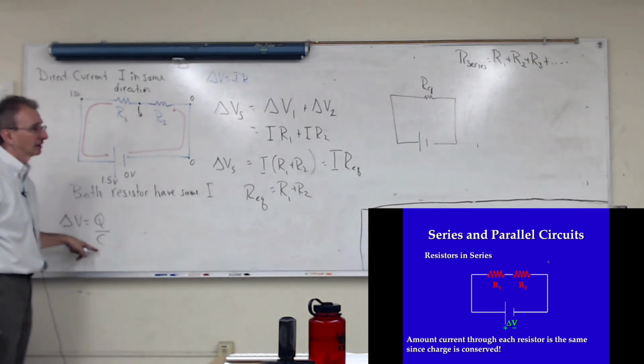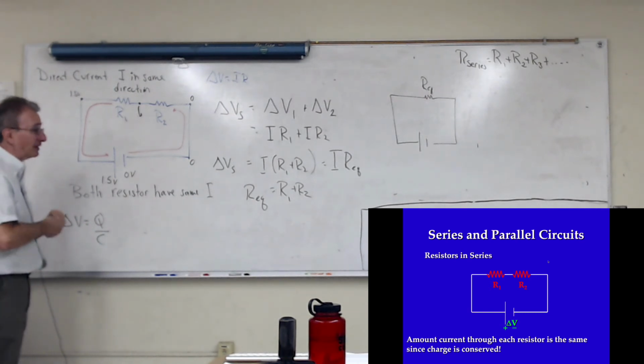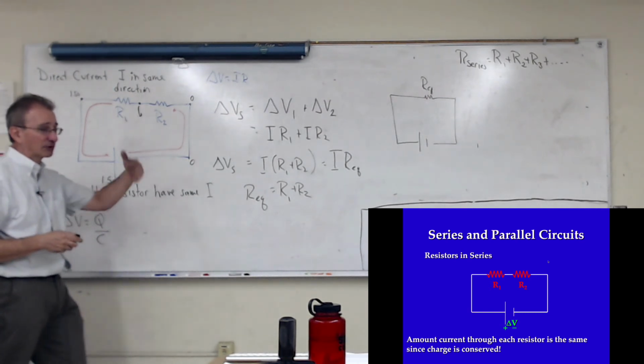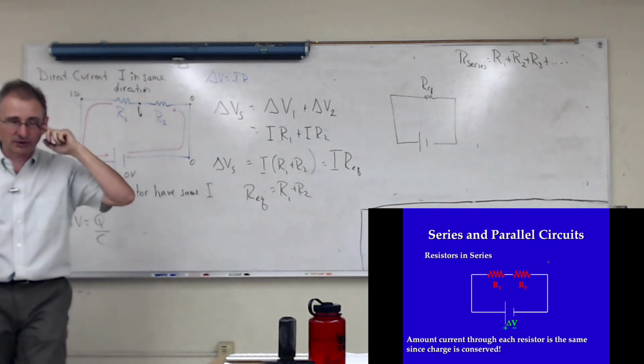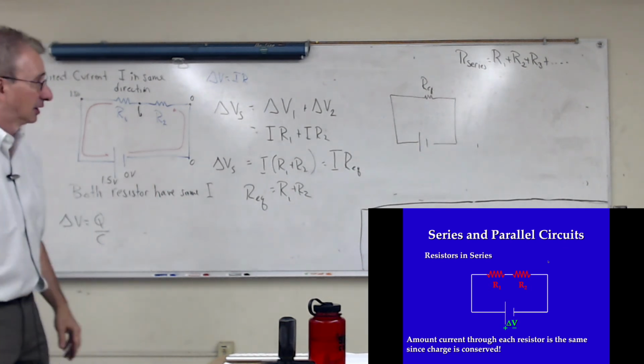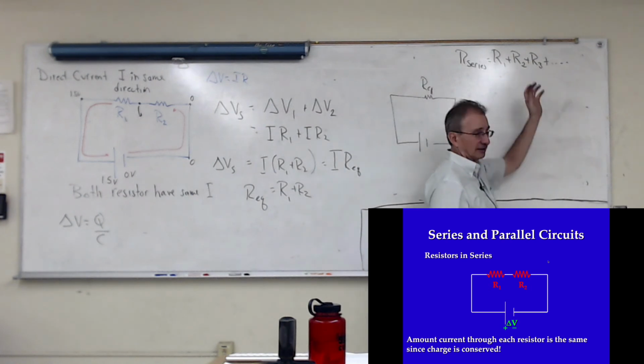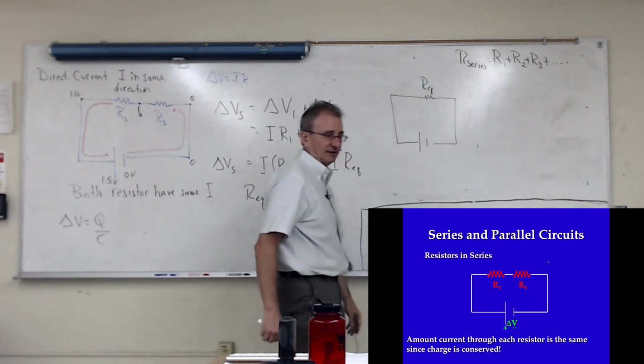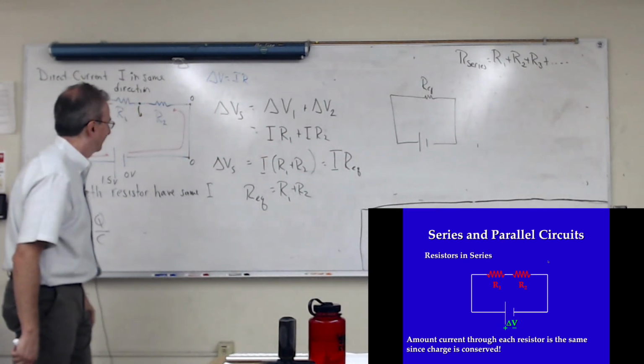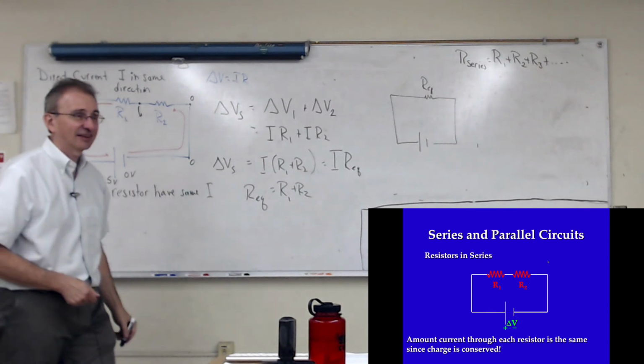So capacitors in series add like 1 over C1 plus 1 over C2 plus 1 over C3, and then you take the reciprocal of the whole thing. But resistors in series just add. They add like capacitors in parallel.